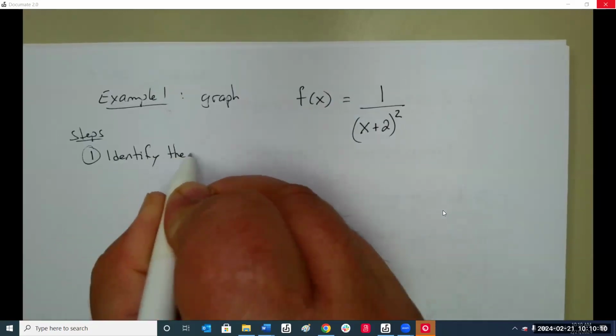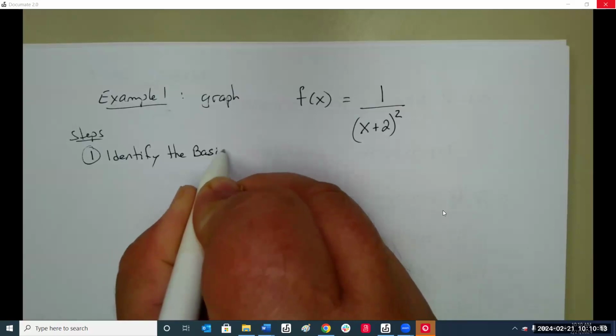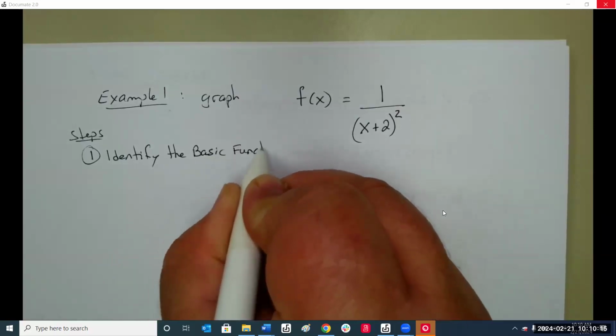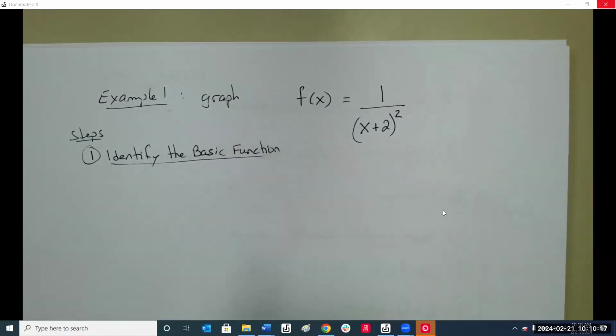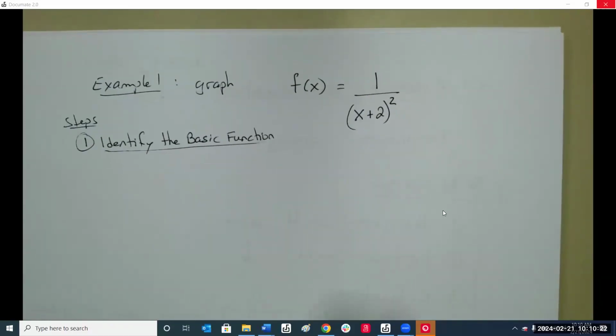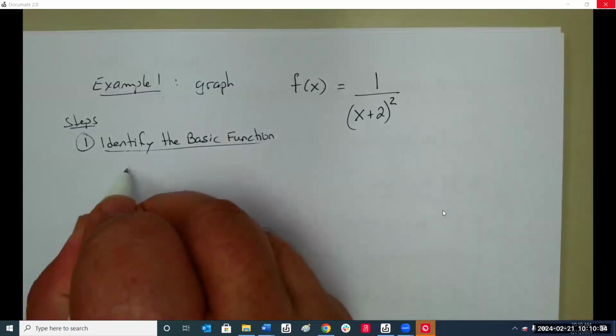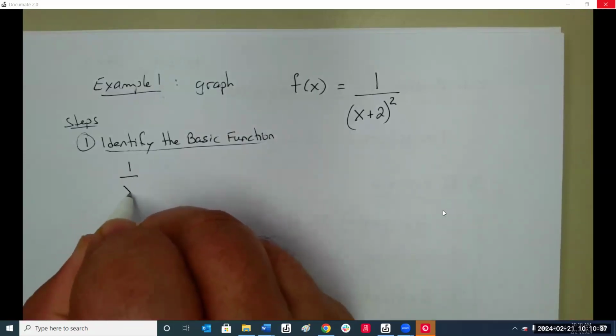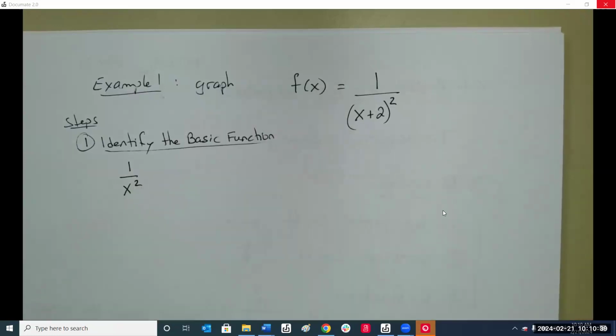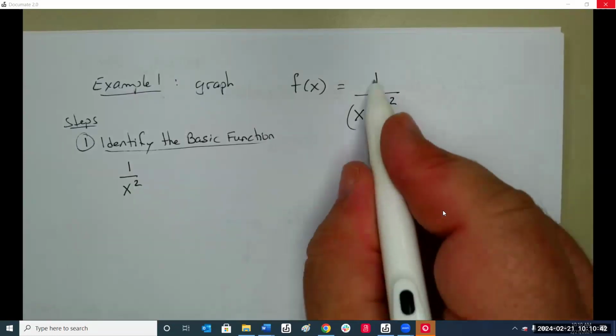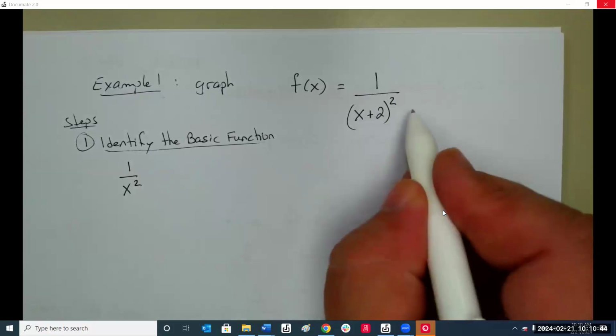Identify the basic function. So in this example, what is the basic function from the library of functions? One over x squared, because you have one on top, the x is on the bottom, and it's squared.